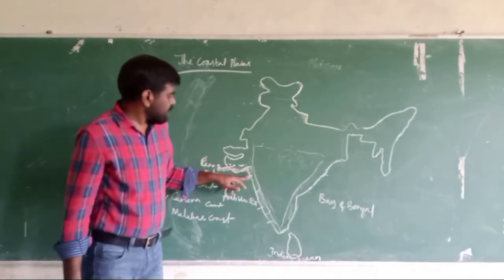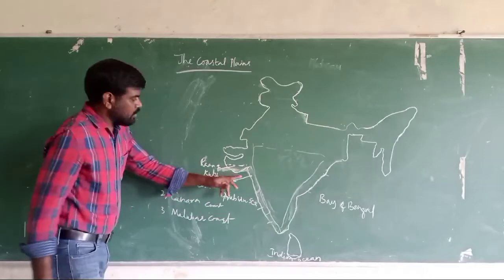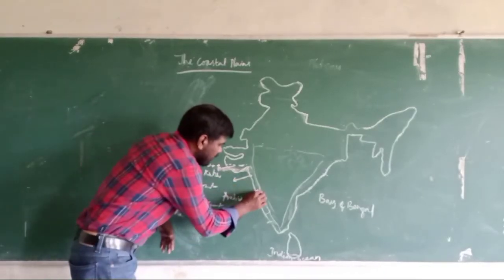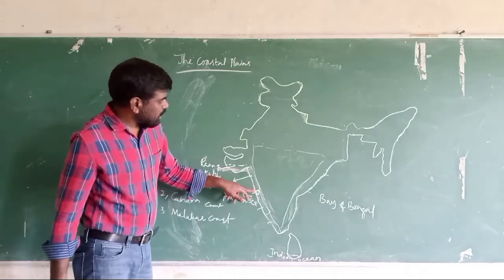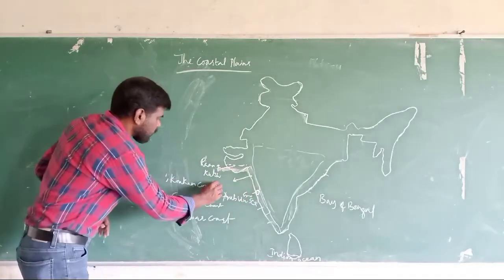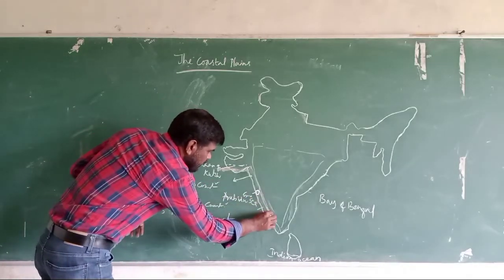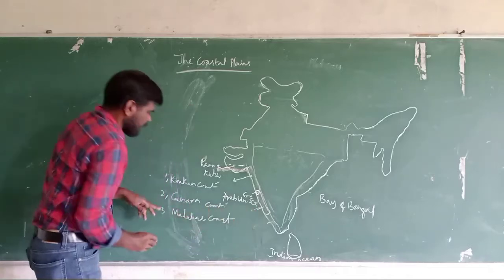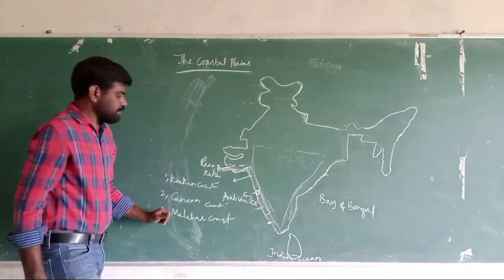The Konkan coast forms north of Goa, that is, Goa and Maharashtra coast consists of Konkan coast, the Canara coast consists of plains of Karnataka, and the Malabar coast, Kerala.